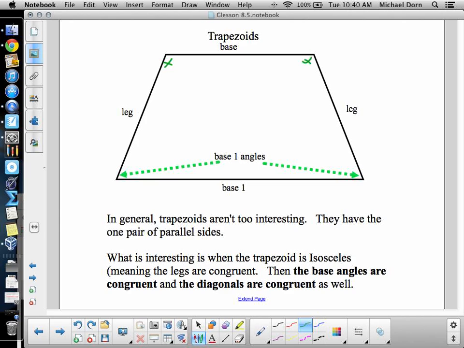In general, trapezoids are not very interesting. Sad to say. They have one pair of parallel sides, and that's pretty much all we can say about them. What is interesting is when a trapezoid becomes isosceles.